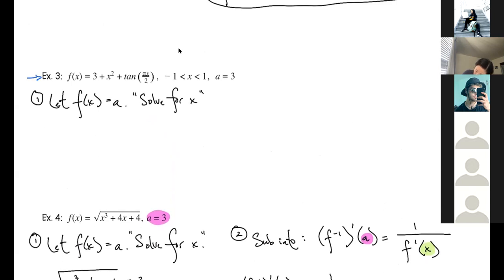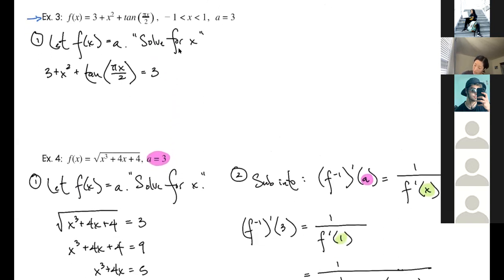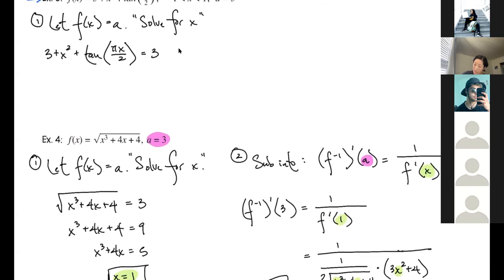So step 1, let f of x equal a, and then solve for x. So I'm going to get 3 plus x squared plus tangent of pi x over 2. And I'm going to say that equals 3. And so kind of like I did for number 4, I'm going to start to move some things so I can get x as much by itself as I can.